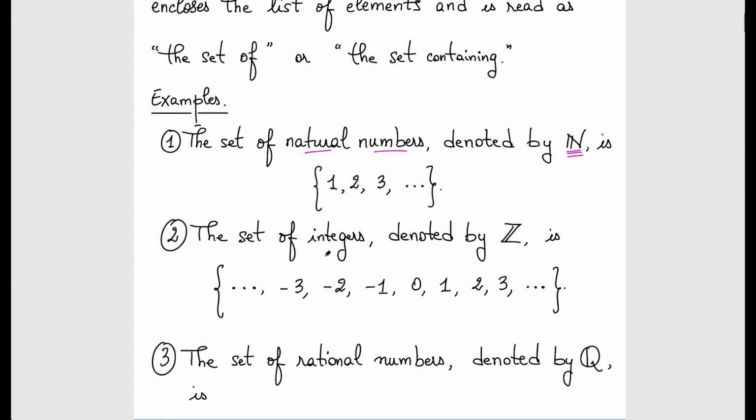Next, the set of integers, it's universally denoted by Z. By the way, all these symbols that you're going to see here are universal symbols, which means if you open any math book and you see them, they mean exactly how they are defined here.